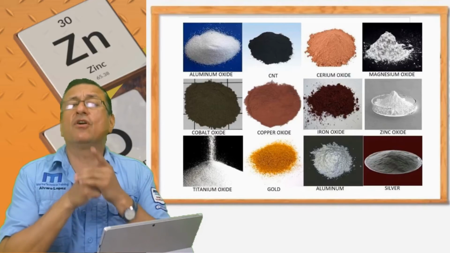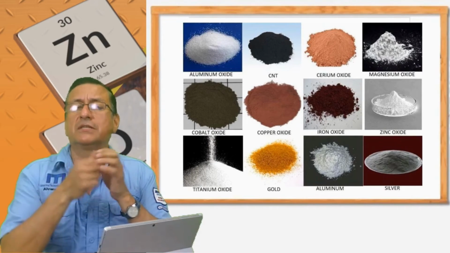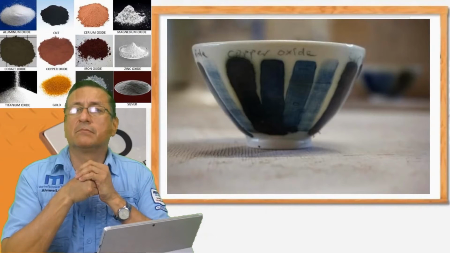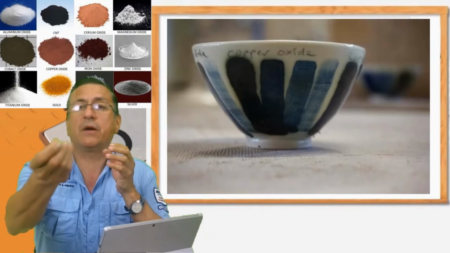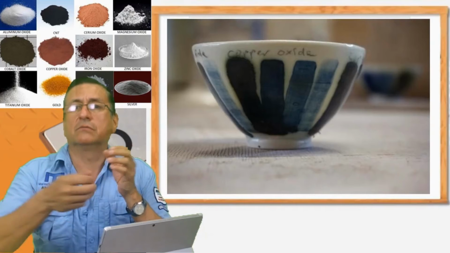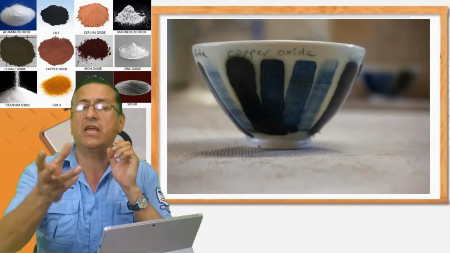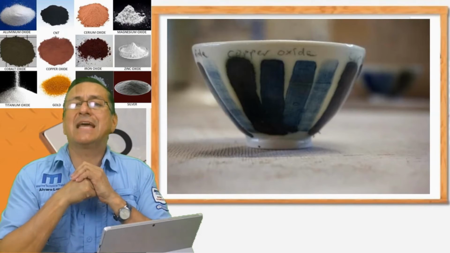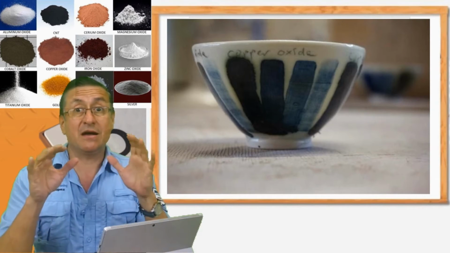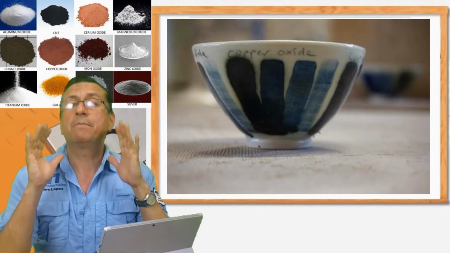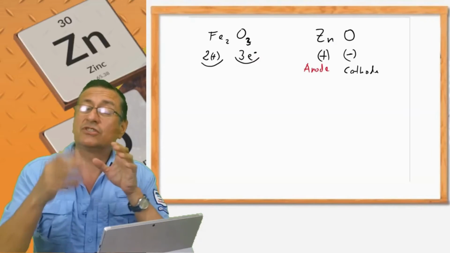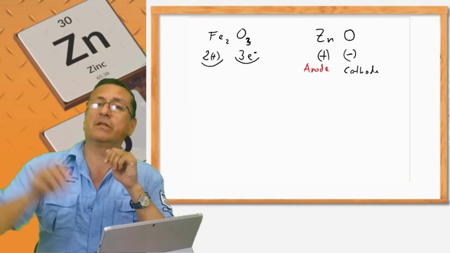Those powders, the oxide of iron, oxide of zinc, oxide of copper, with glue create ceramics, and the ceramics are the best isolators. Incredible.